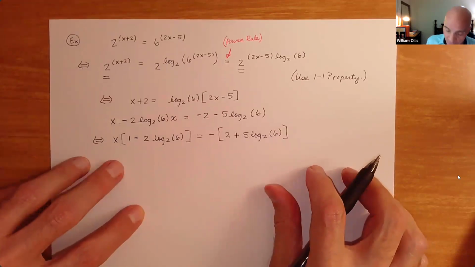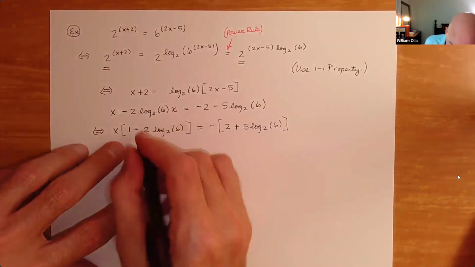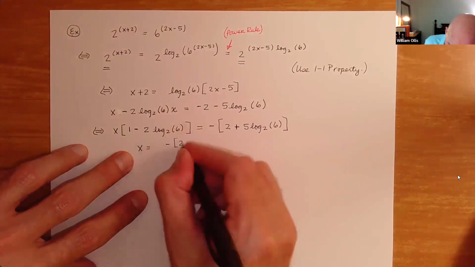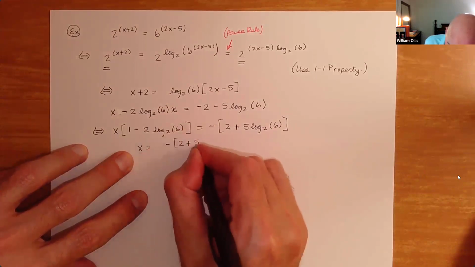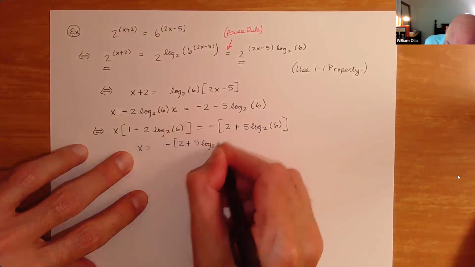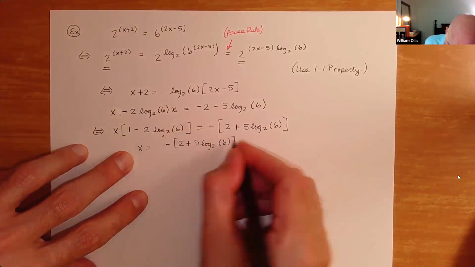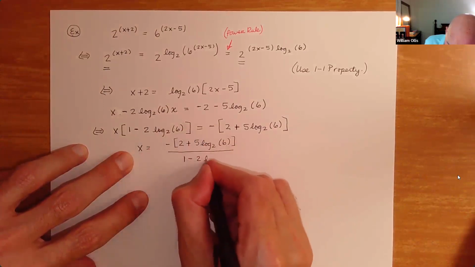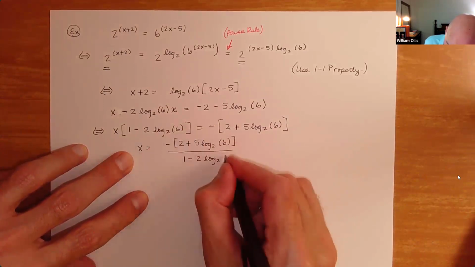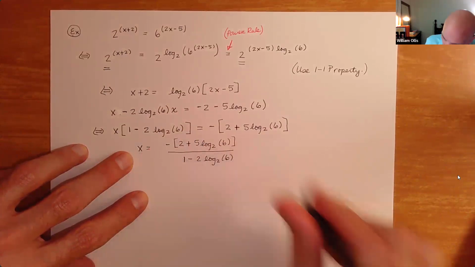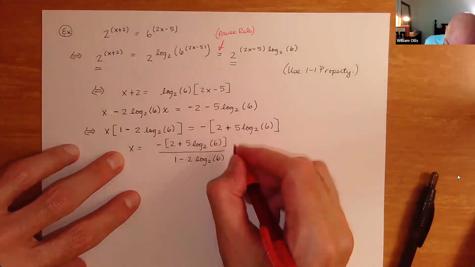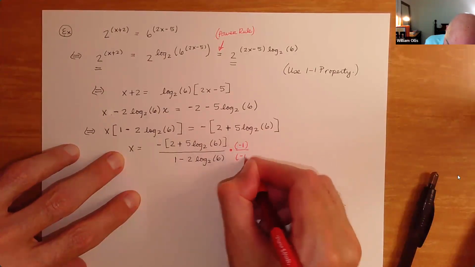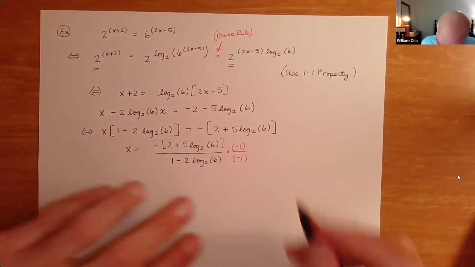Okay? So now we can solve for x. So x will now be the negative 2 plus 5 base 2 logarithm of 6 divided by 1 minus 2 log base 2 of 6. Now, of course, this is what I was talking about. We can just multiply by negative 1 upstairs and downstairs to get rid of all those negatives.